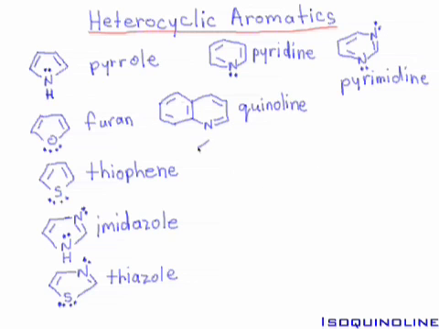Interestingly, if we do the same with naphthalene, but this time we put it in the beta position of the naphthalene ring, here, we make isoquinoline.